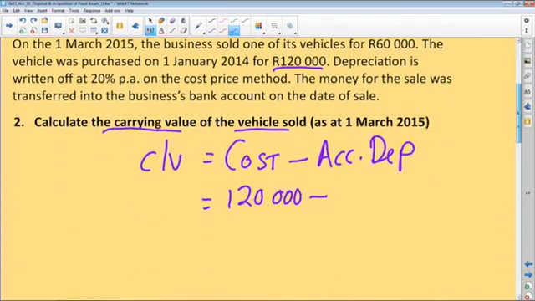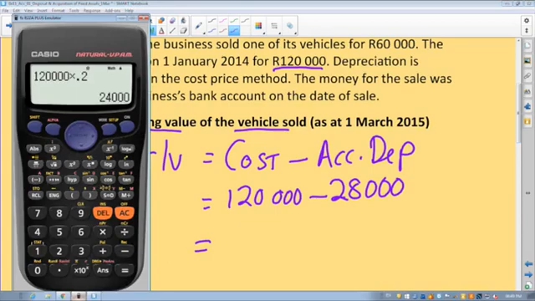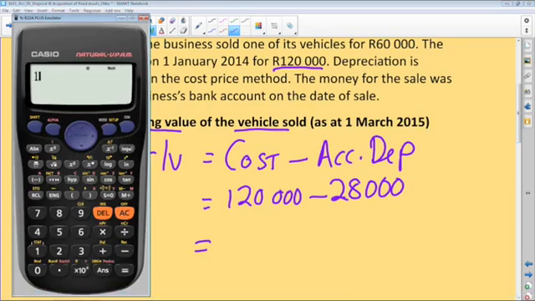So minus 28,000. And that would now give me the carrying value of this vehicle that is being sold. So again, calculator, let's clear that. So we've got 120,000 minus 28,000.